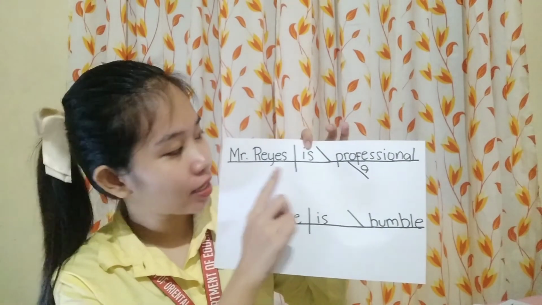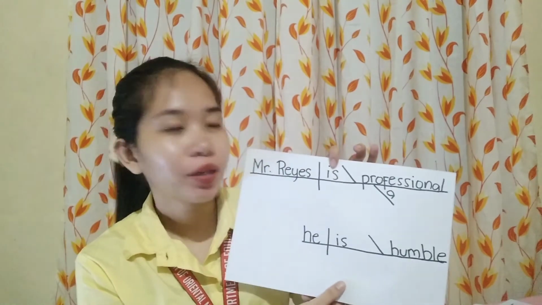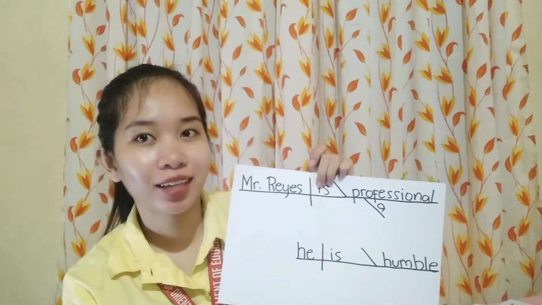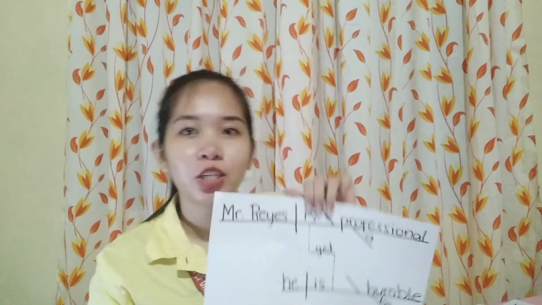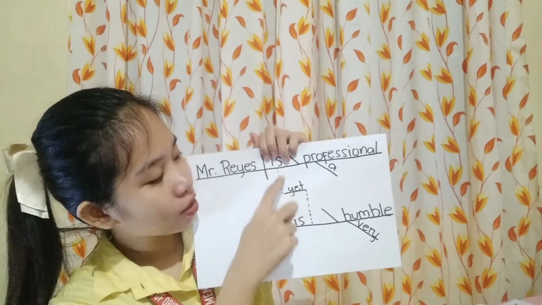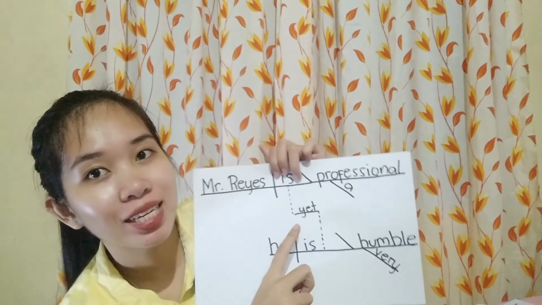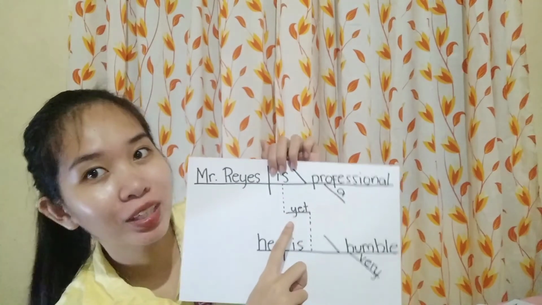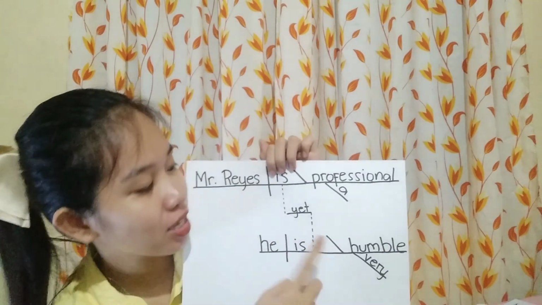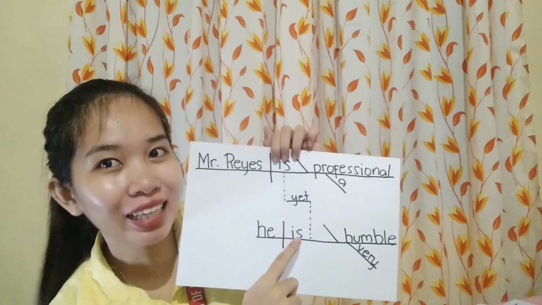Mr. Reyes is a professional, and we will connect these two with a dotted line. So we will join these two simple sentences by a dotted line and a horizontal line wherein we will place the coordinating conjunction used to join these two clauses, and a dotted line directly to our predicate.